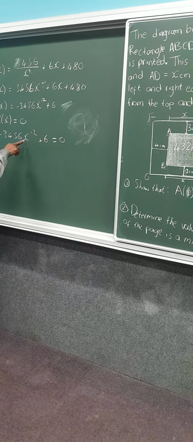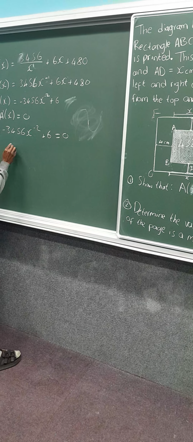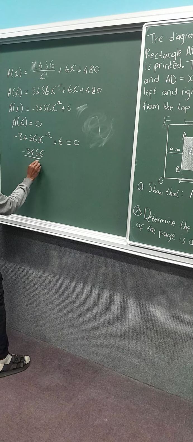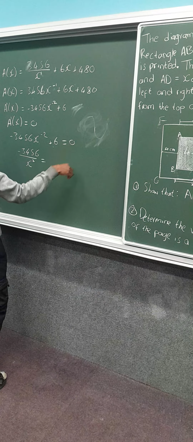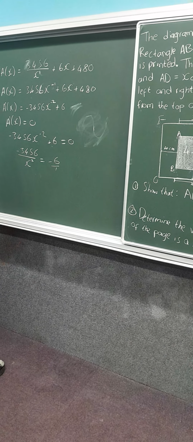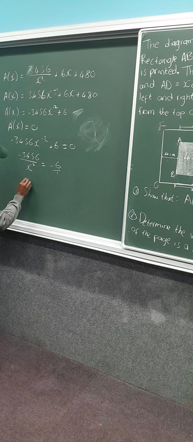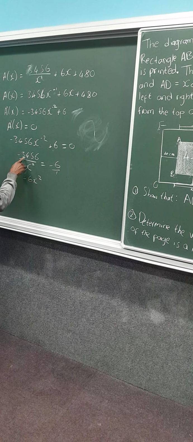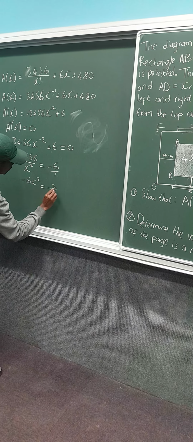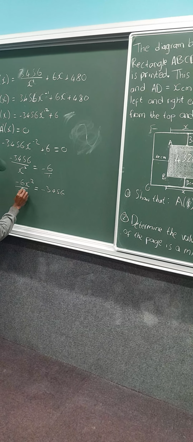What I'm going to do, I'm going to take this back to positive exponent, back to the denominator. Doing that, I'm going to have negative 3,456 divided by x squared. And then I take this to the other side, which is going to be negative 6, and then I cross multiply. So I'm going to have negative 6x squared equals negative 3,456. And then I divide both sides by negative 6.